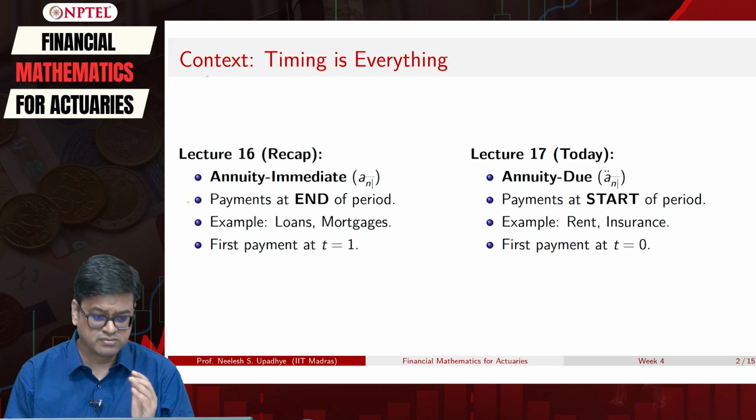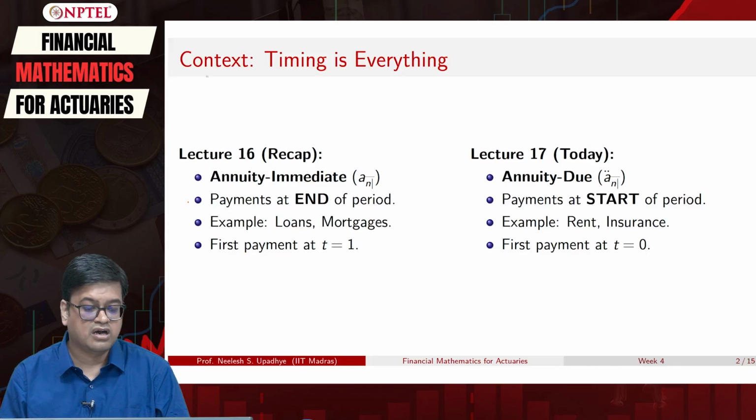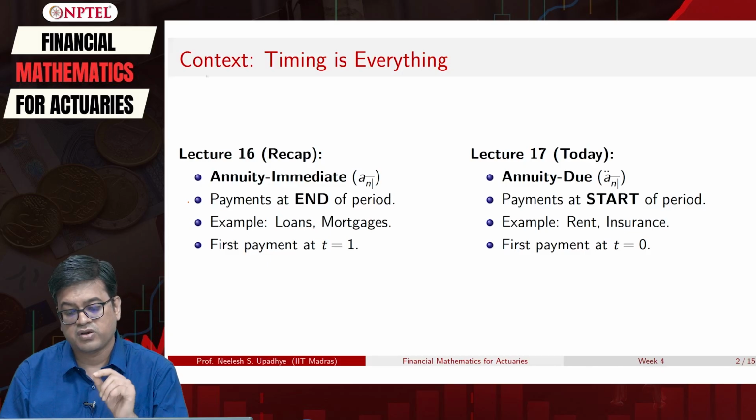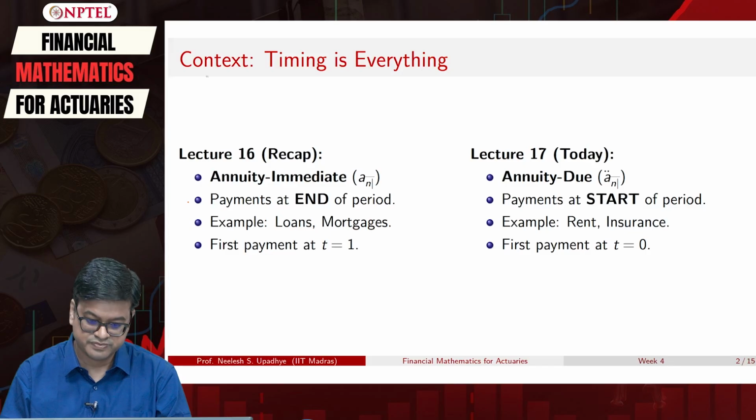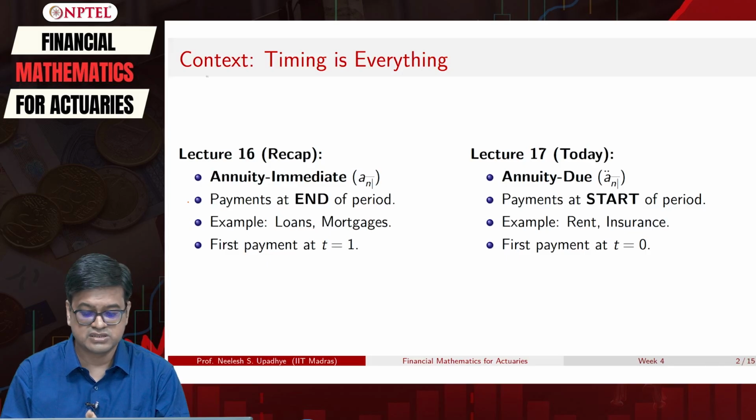Contrast this with what we are going to study in today's lecture. It's annuity due, identified with the symbol with a double dot over it. So payments are essentially made at the start of each period. Examples are rent and insurance, and the defining characteristic is that the first payment is made at t is equal to 0.